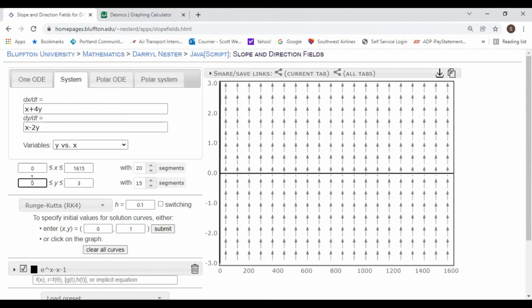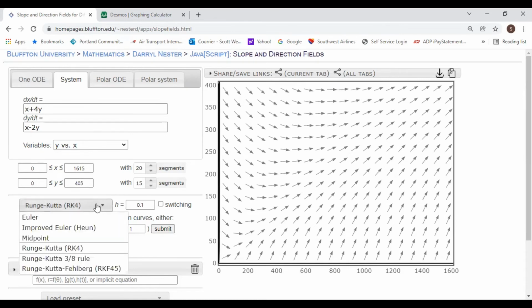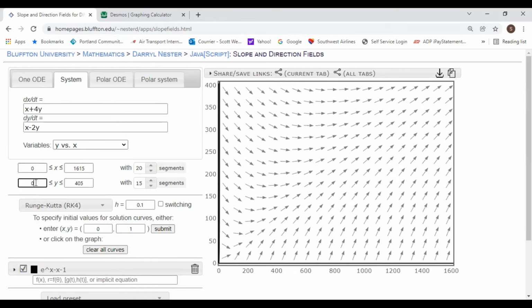It's not within its wheelhouse to deal with numbers that big. And 403, so I'll just make it 405. Okay, so that's what our slope field looks like for our actual value here. And now for my y values, my initial y condition is not going to be on the window, so I better make the lower bound of the y's a little bit lower, just so it'll be on here.